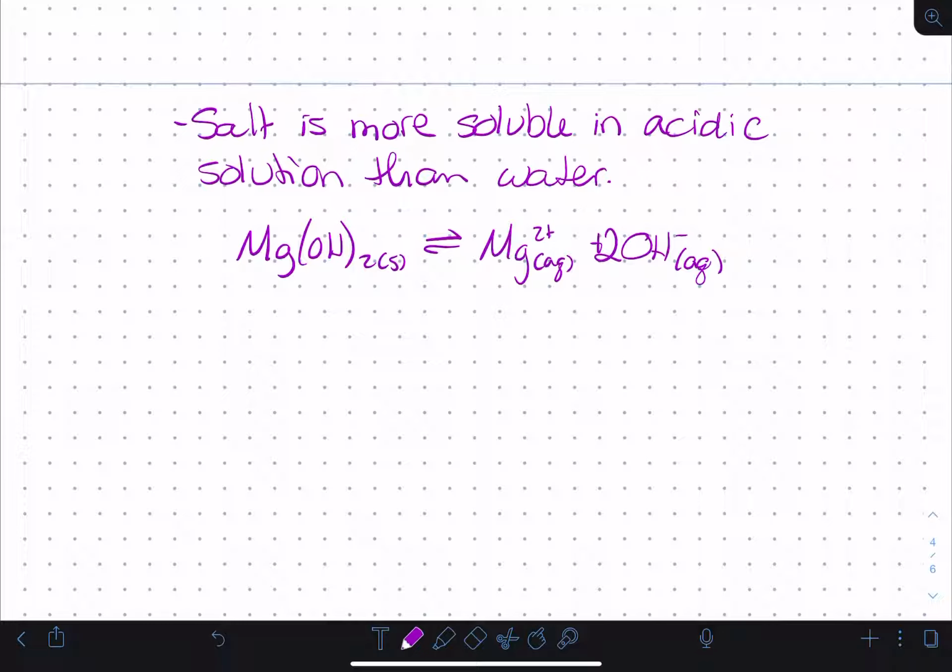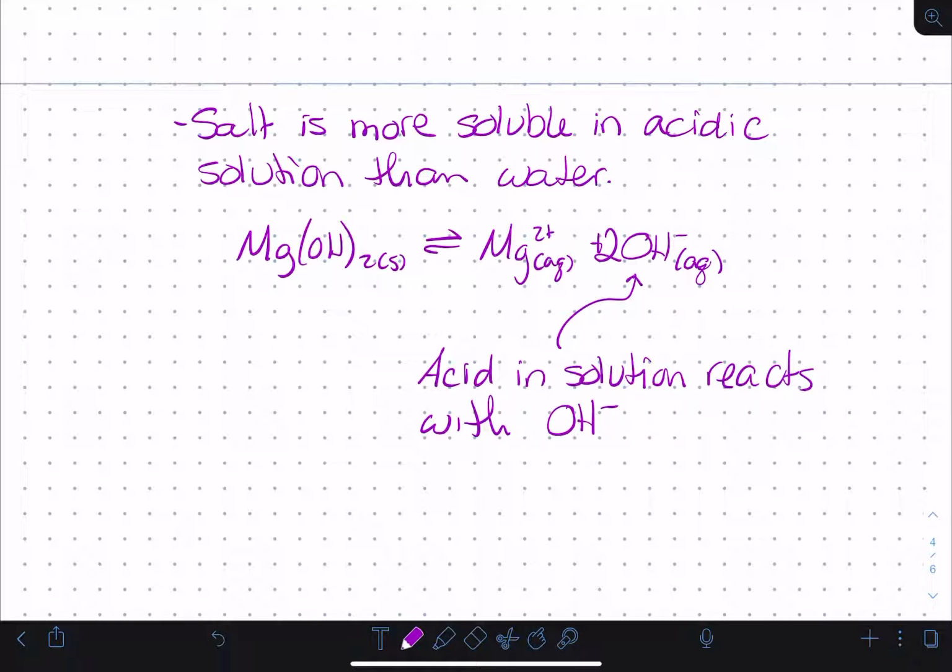So in an acidic solution, we have hydronium ions around that are going to react with those hydroxide ions. So the acid in our solution actually reacts with the hydroxide.